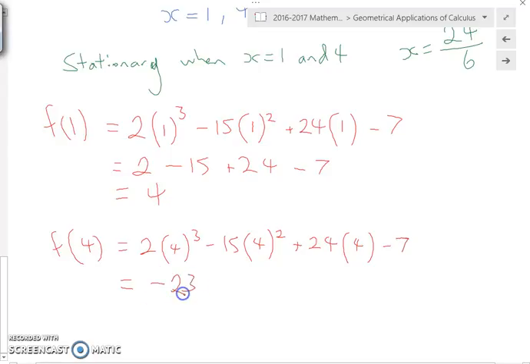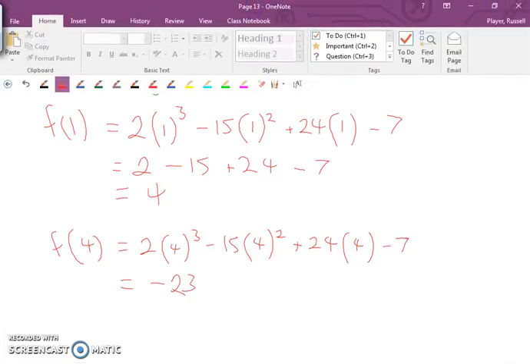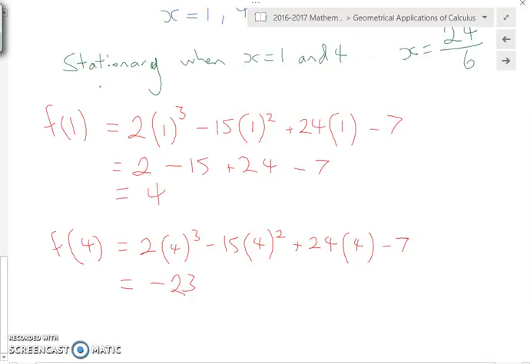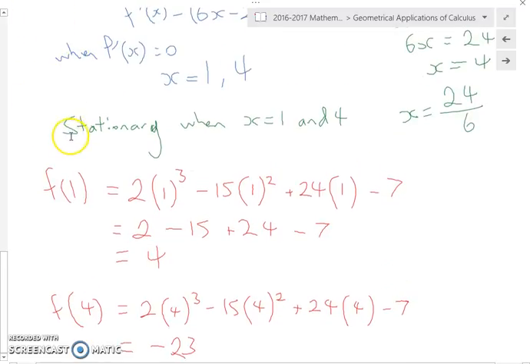So we've now got our answers at those particular points. Now, does that help us? Sorry? Baden, what do you reckon? We have found the x value, so we found the stationary point when x equals 1.